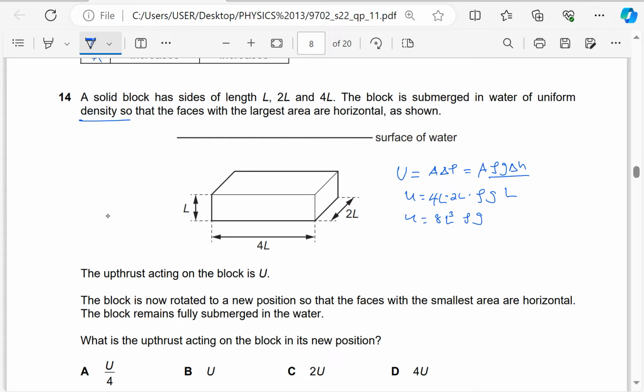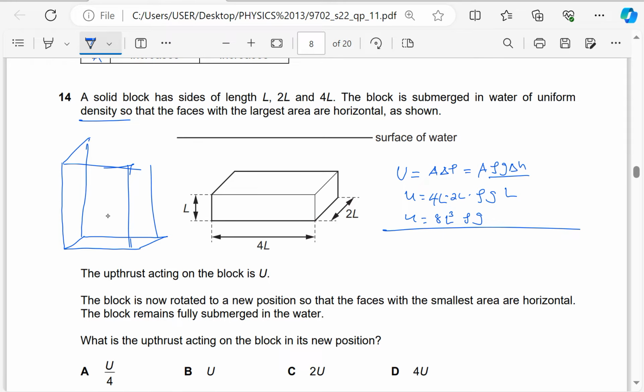Then let's check the second position. They have said it's now the smaller sides, which are the smallest area, that are horizontal. So it is going to be like this, where this could be 2L, this is L, and this is 4L.